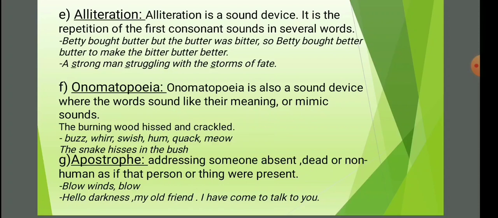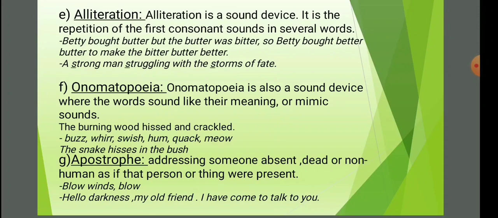You can see the example, Betty bought butter but the butter was bitter. Sound of B is coming in Betty bought butter but the butter was bitter. So Betty bought butter to make the butter better. All the words have first letter B. Effect of B is in the sentence.